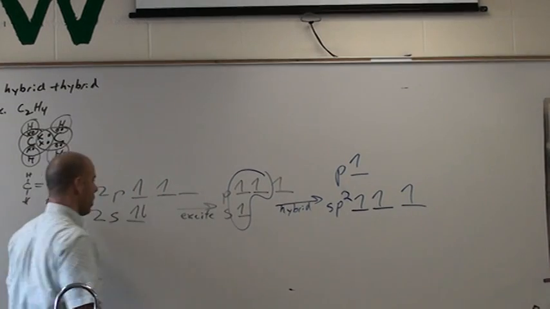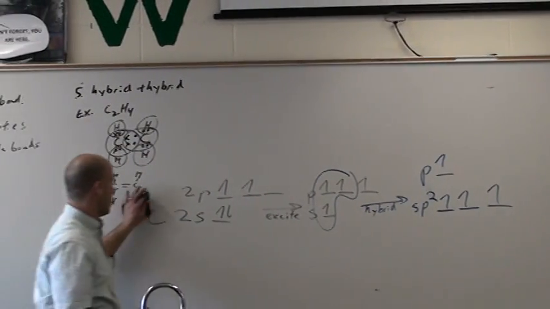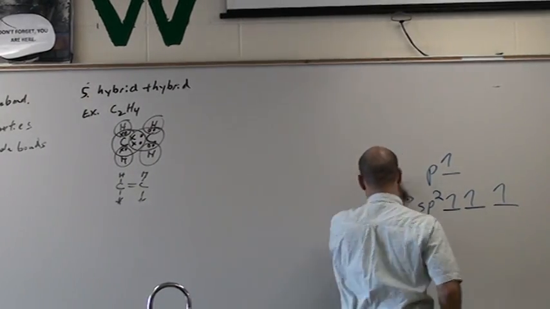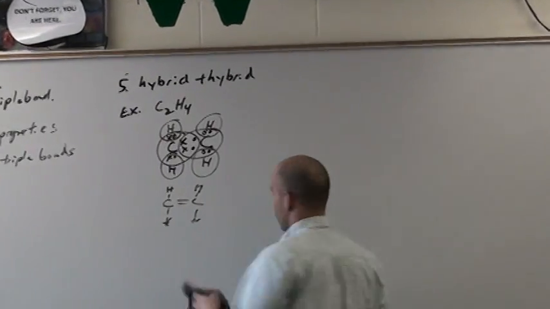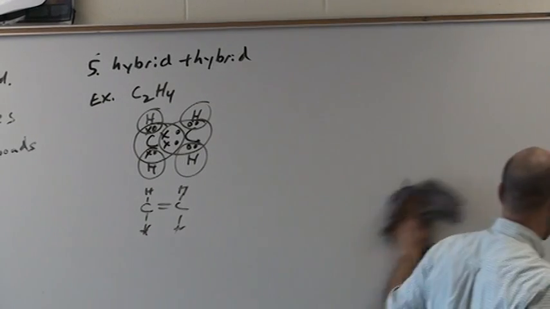So I'm going to draw the bonding between those 2 carbons. The book showed this in a picture last night when you read it. We're going to look at the bonding between the 2 carbons, so we're going to draw 2 sets of axes.